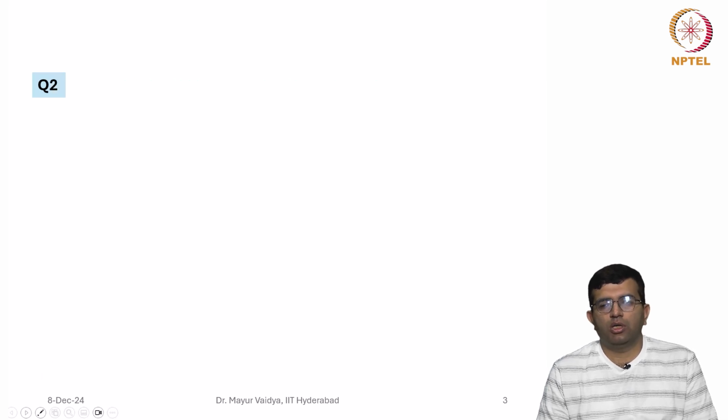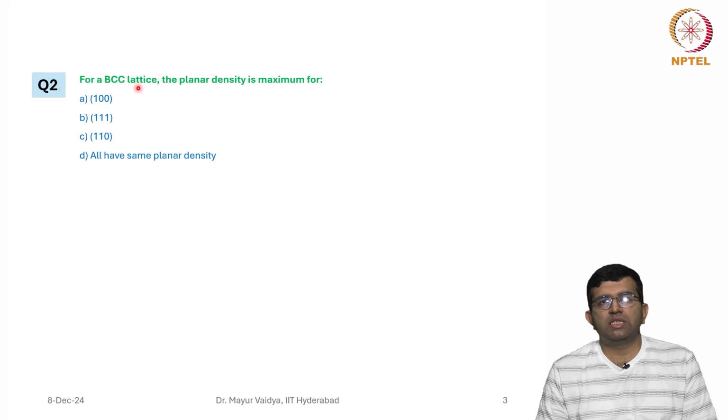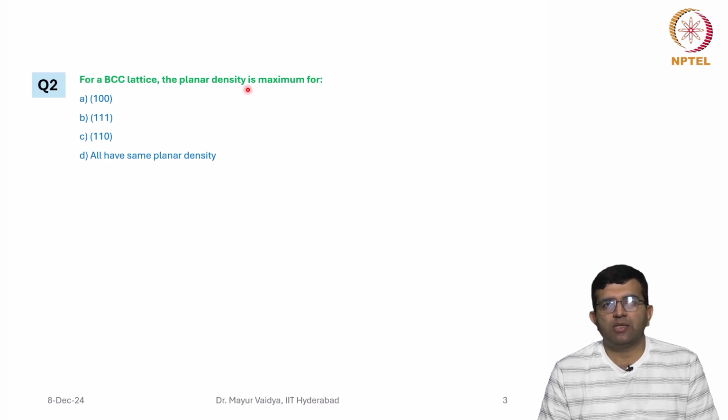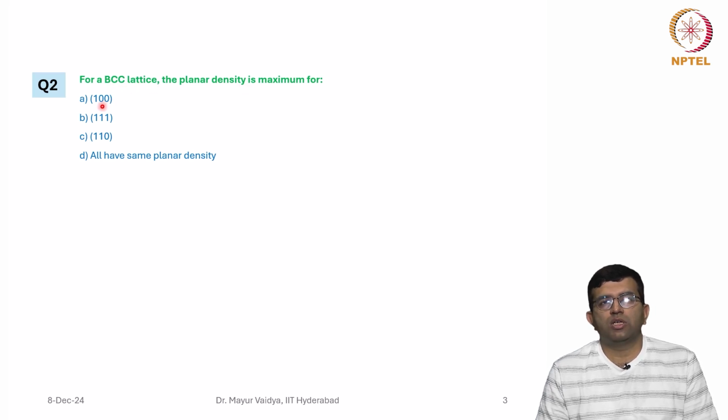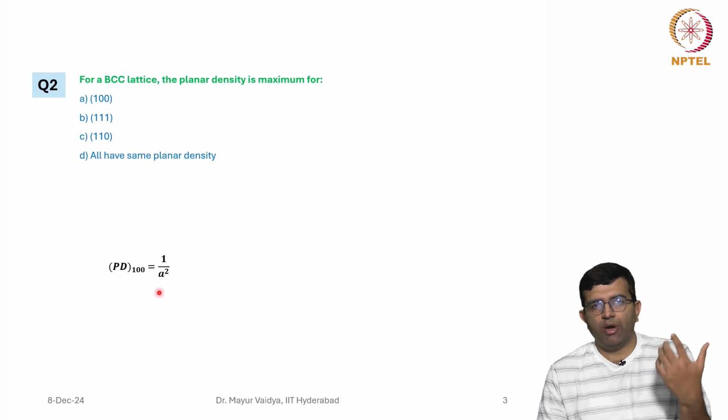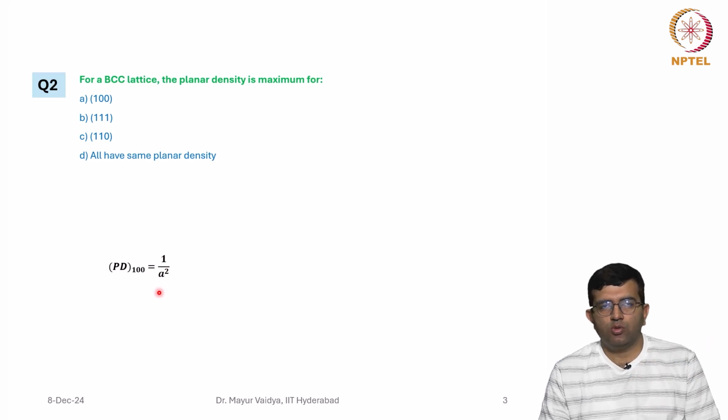Coming to question number 2, for a BCC lattice, the planar density is maximum for the 100 plane, 111 plane, 110 plane, or all have the same planar density. This we have also derived. I suggest that you go back to the previous lecture and try to calculate it for yourself. How do you calculate the planar density?